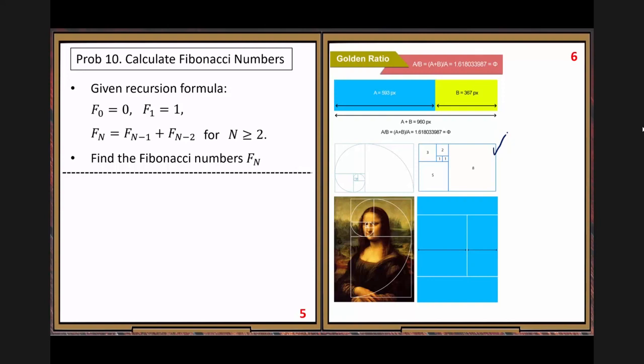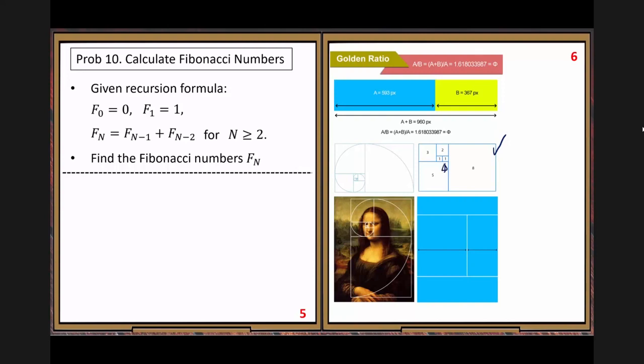You draw squares with the size taking the Fibonacci numbers and see what happens. We pass the 0. We start with the first non-zero Fibonacci number, 1. Let's draw a square with side 1. Look at that little one.